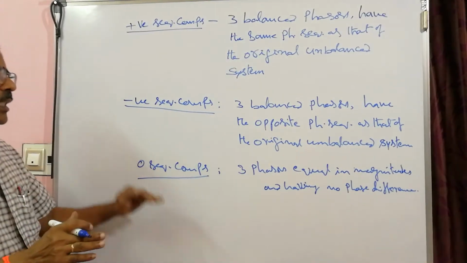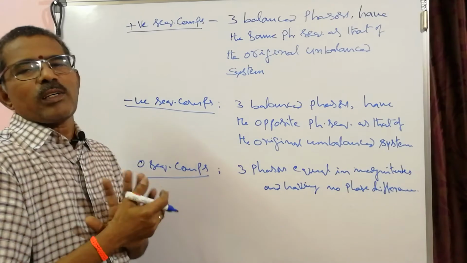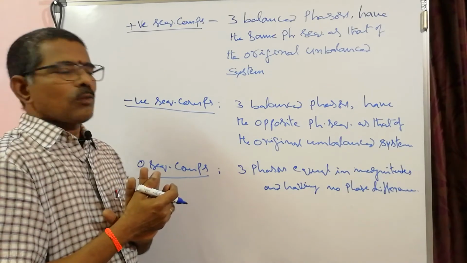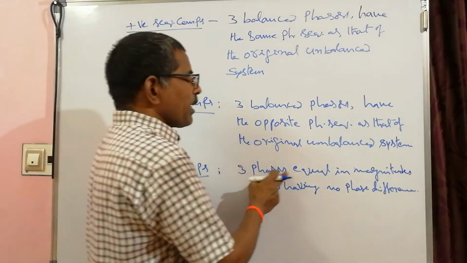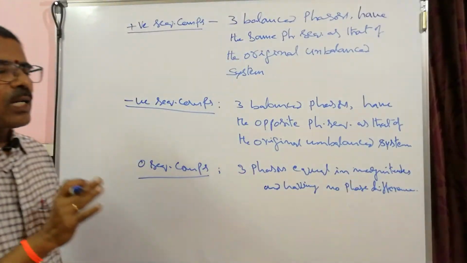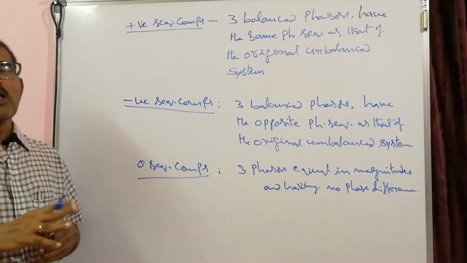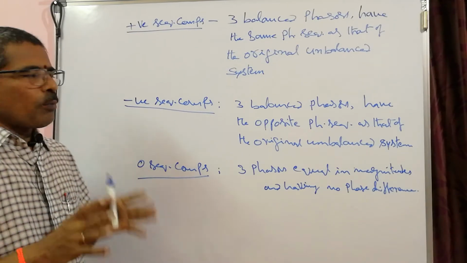So, these are 3 identical phasors without any phase angle difference. Okay. So, these are 3 phasors equal in magnitudes and having no phase angular difference. This set is called zero sequence components. I hope it is clear.